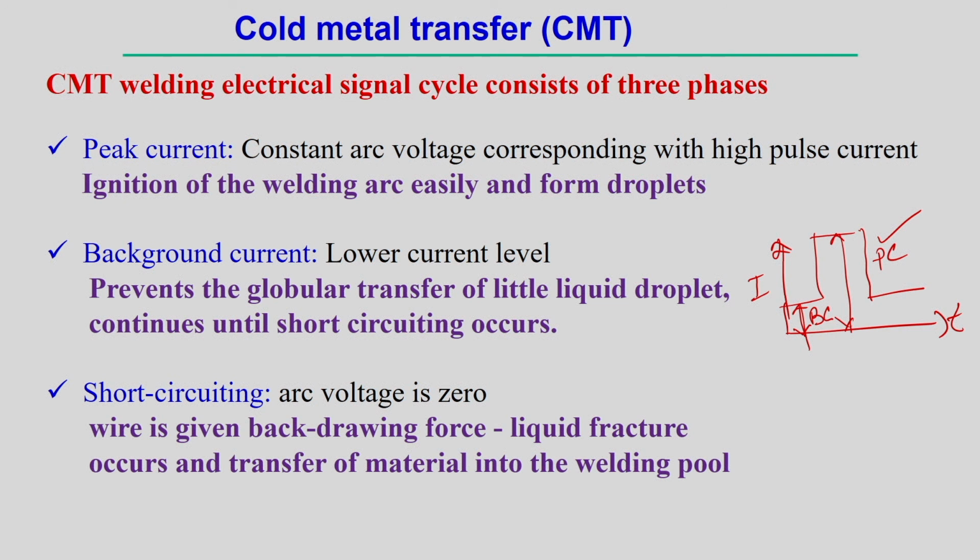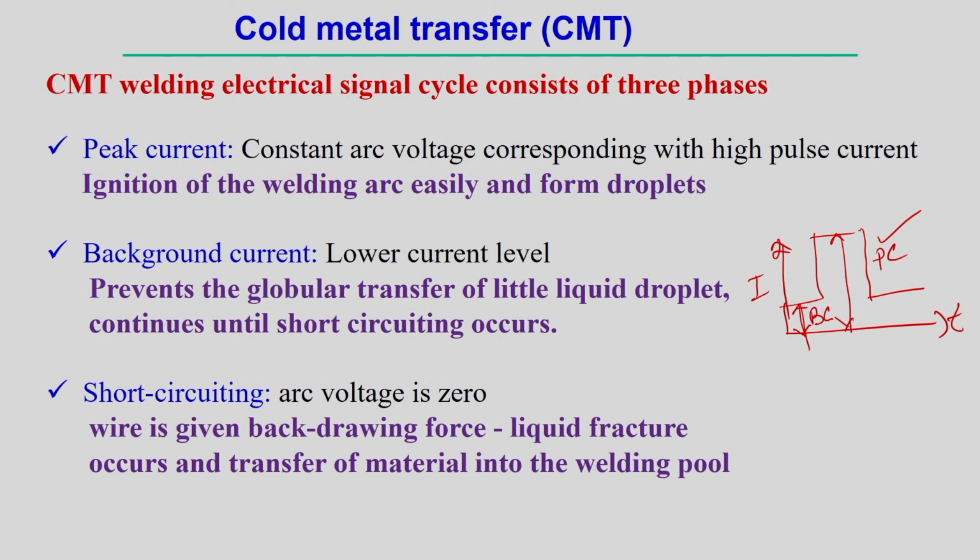Once the short circuiting happens, the wire is retracted back, so that whatever size of droplet there is transfers to the workpiece material. We know that if there is a short circuit current, the arc voltage is very low, because there is no arc gap and it is not necessary to maintain the arc gap.